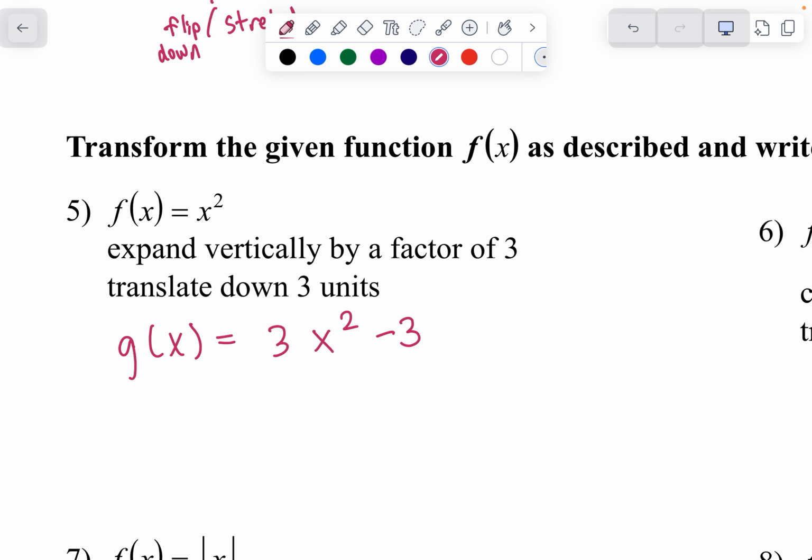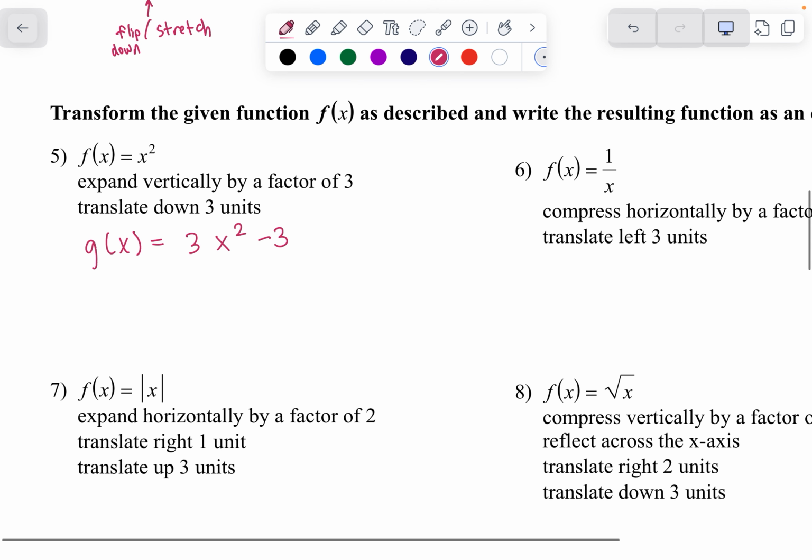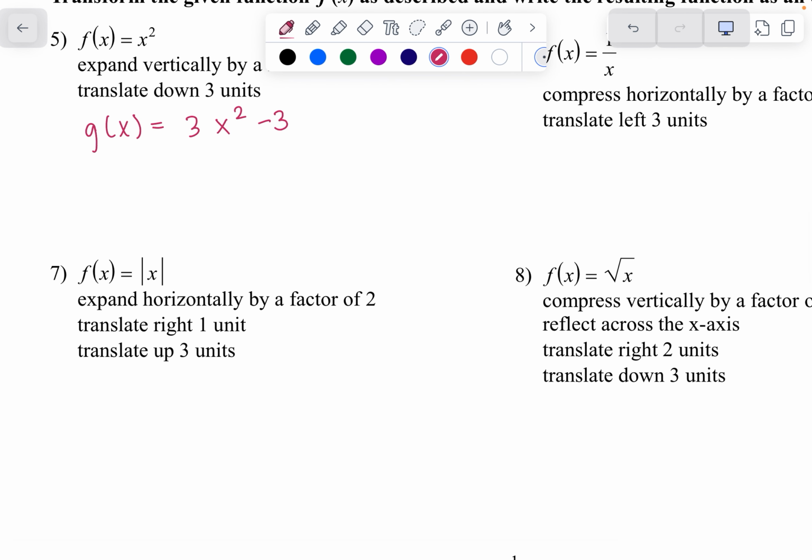Let's take a look at 7. We have the absolute value equation. We're going to expand it horizontally by a factor of 2. Now, anything that's done left to right always kind of does the opposite of what we would expect. So technically, you don't want to multiply by 2. We actually want to divide by 2, and then it'll expand it left to right, okay?